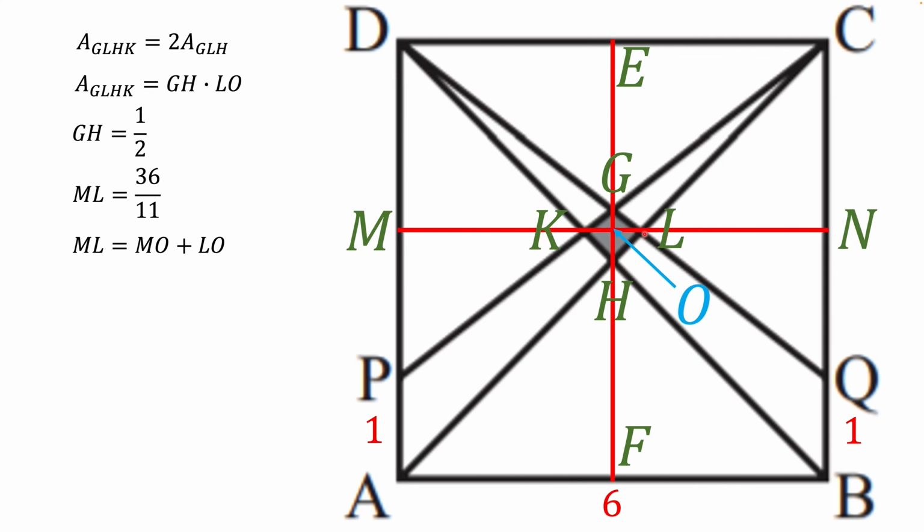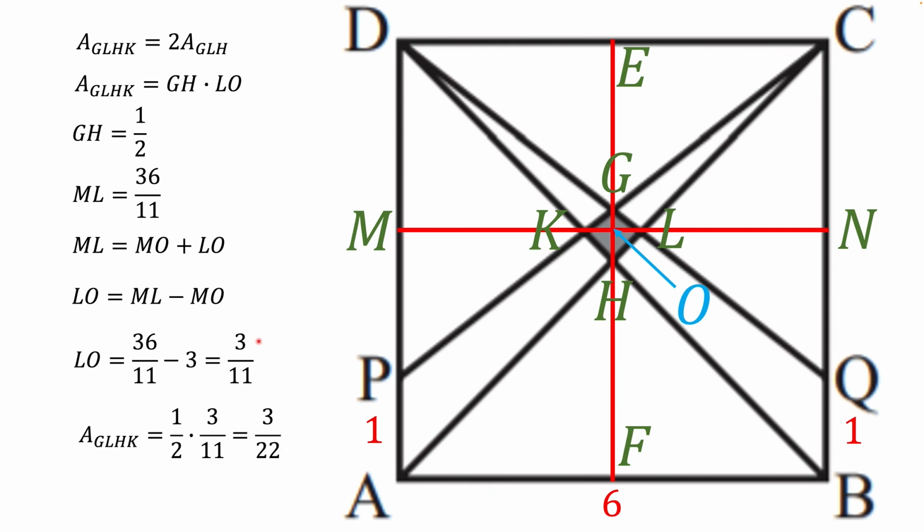Okay? This is saying ML equals MO plus LO. We know what MO is. We take LO as ML minus MO, and we get 3/11. Okay? And now we're done. Basically, we know GH is 1/2, we know LO is 3/11. We multiply them together and get 3/22.